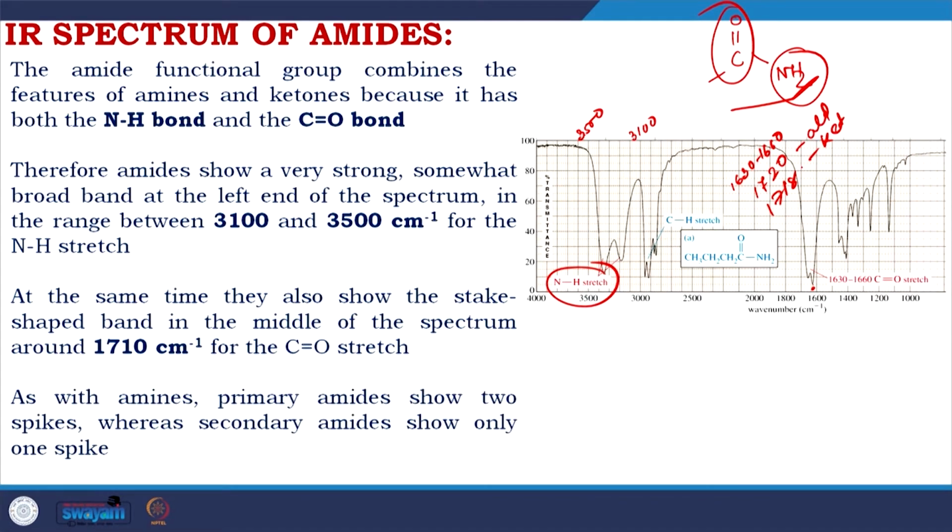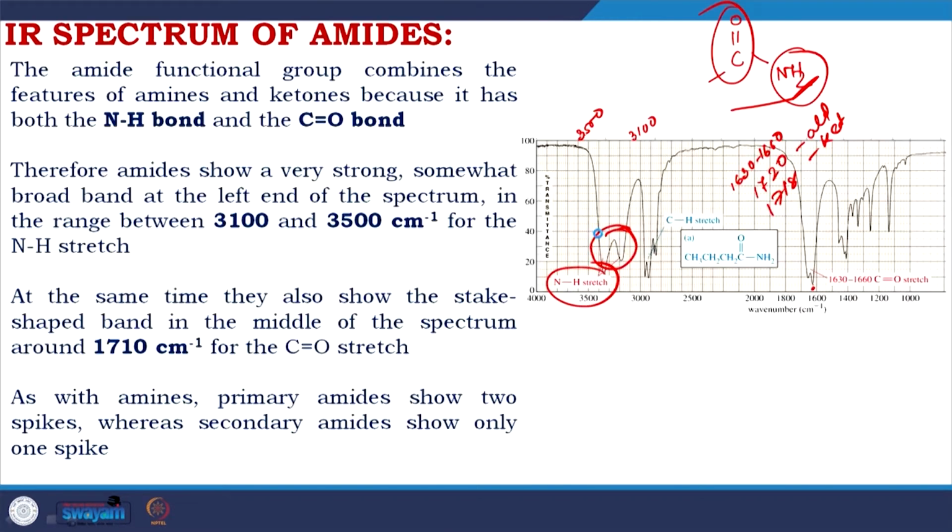As with amines, primary amides show 2 spikes, whereas secondary amides show only 1 spike. So, we look at this NH stretch and we get 2 spikes, because this is a primary amide. For secondary amide, we will get only 1. Again, one thing to add here, amide bands have other importance.